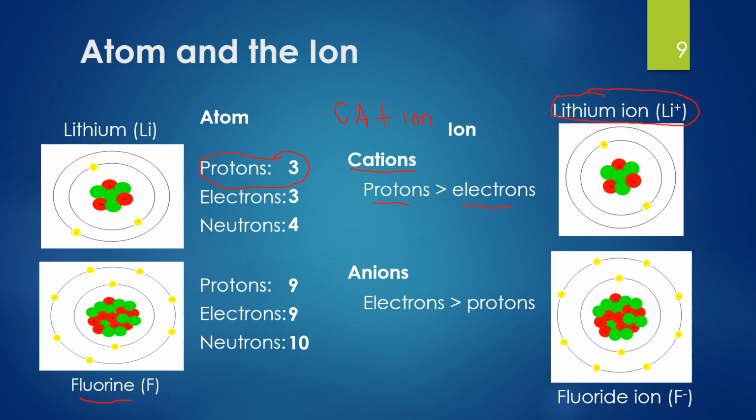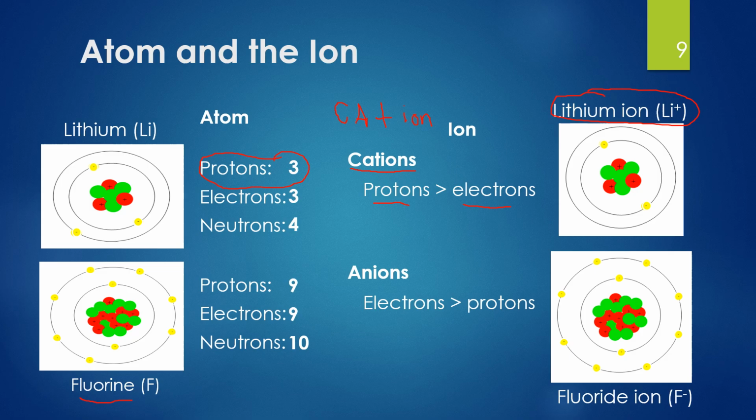All lithium atoms will have 3 protons all the time. The protons of an atom do not change. If you change the number of protons in an atom, you are changing the identity of that atom. So if I were to change the protons of lithium from 3 to 4, it is no longer lithium.